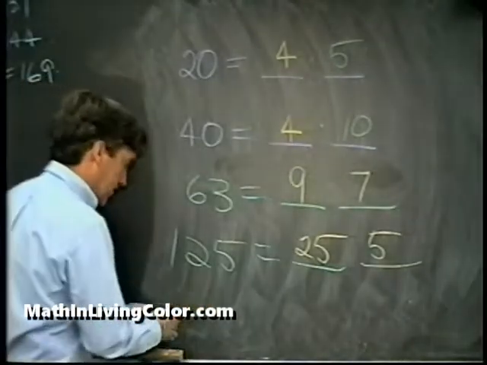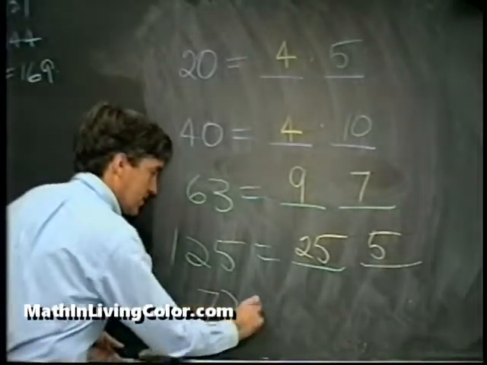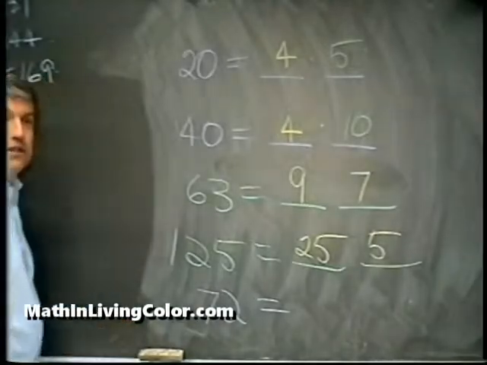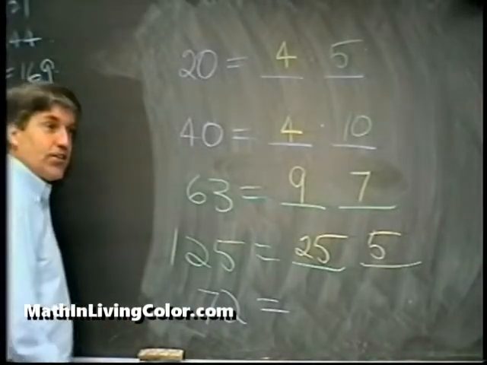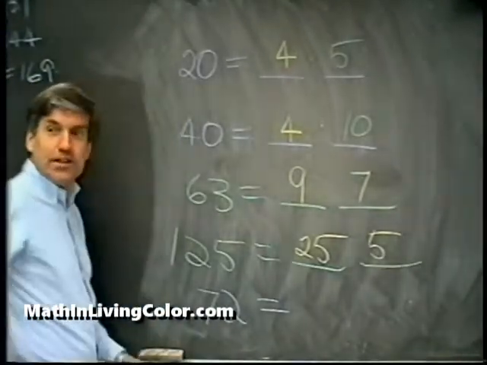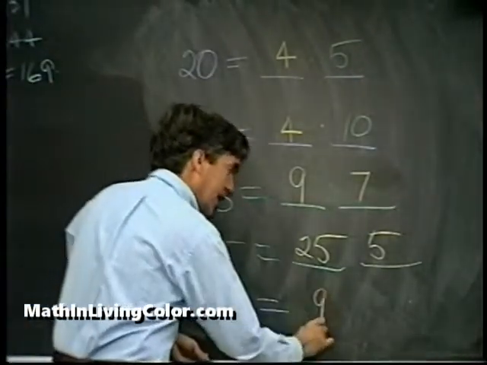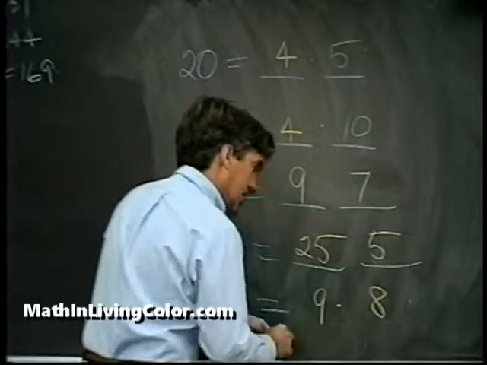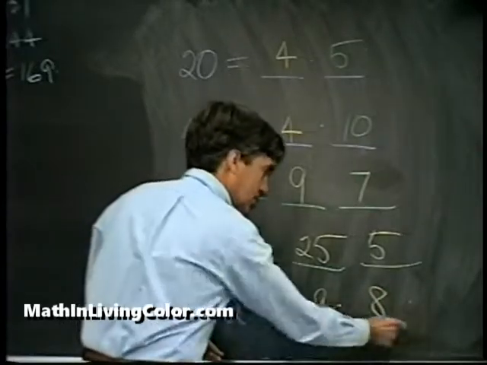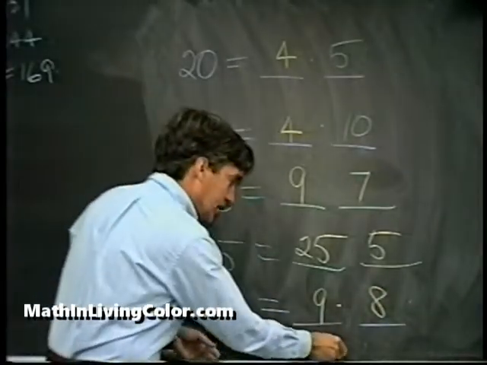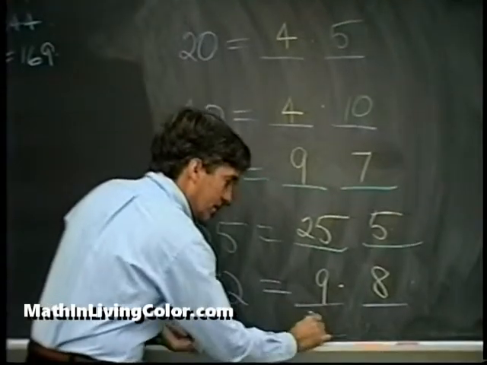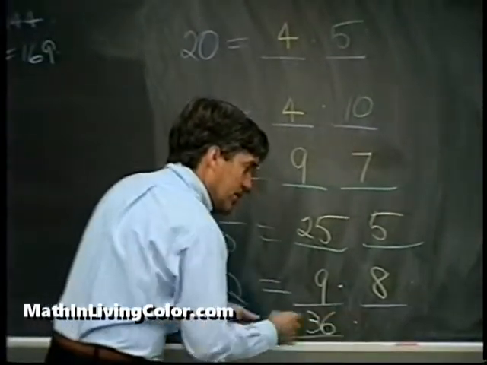How about 72? I heard somebody say 36. Did I hear somebody else say 9? I hear somebody say 9 times 8. And I think I heard somebody else say 36 times 2.